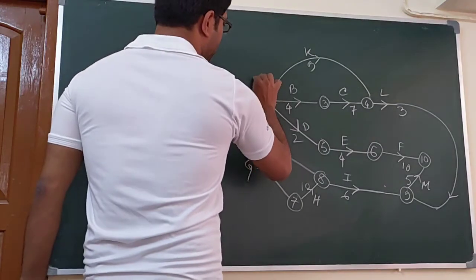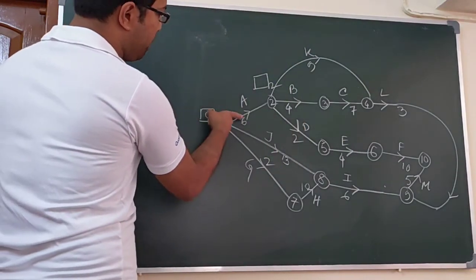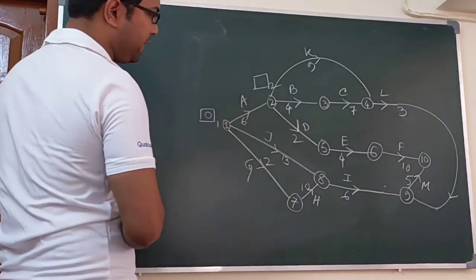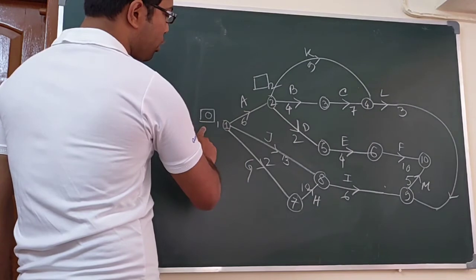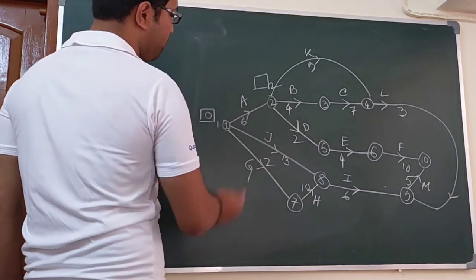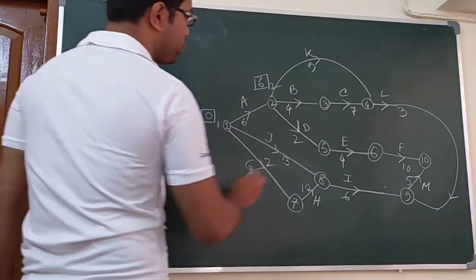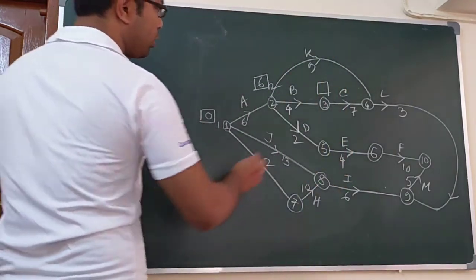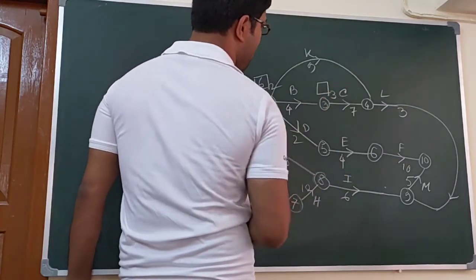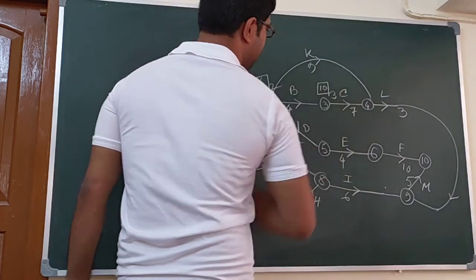Then box 2 is box 1 plus the duration D12, so 0 plus 6 is 6. Next, box 3 will be 6 plus 4, that is 10.